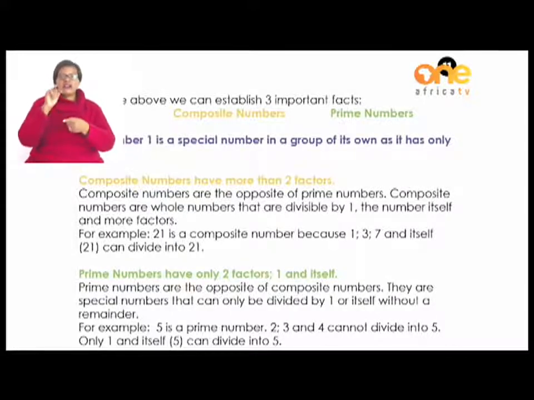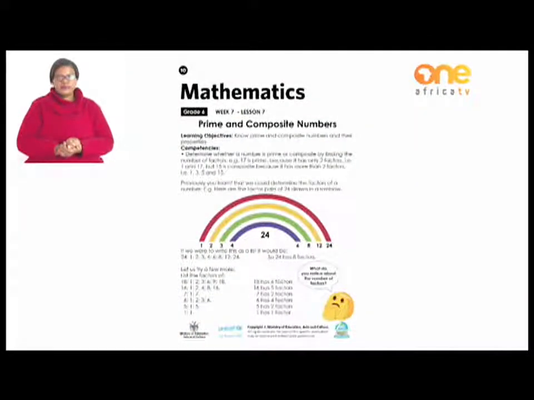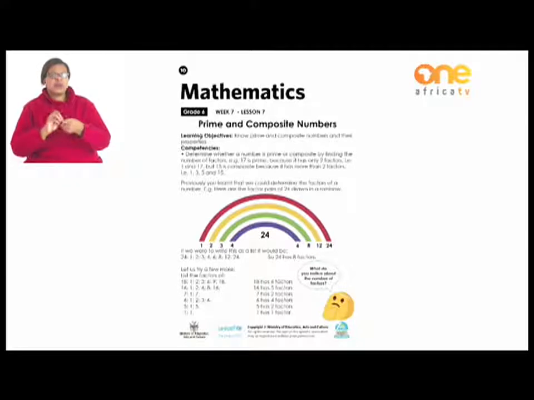Now let's quickly go back to page 10. If you look at the list of those numbers there, notice that the number 7 is a prime number. The other number that is also a prime number is 5. Why are they prime numbers? Because they only have 2 factors. Now, I want you to notice the difference.